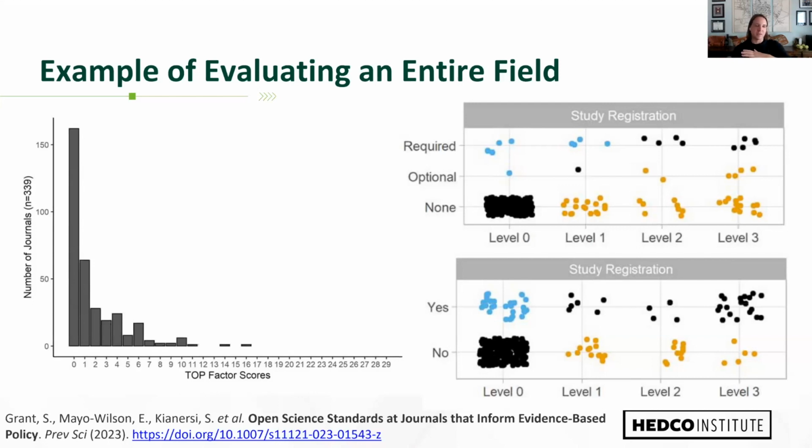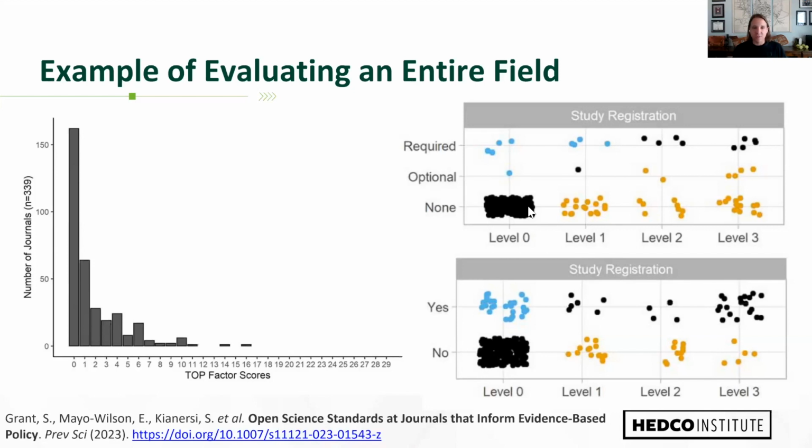And we first looked at the TOP Factor score. So what policies do these journals have in place? We found that most have none. So we're at a fairly low baseline in our area, and we think that's really important given the high stakes of the credibility of these articles for public funding of programs and policies in the real world.